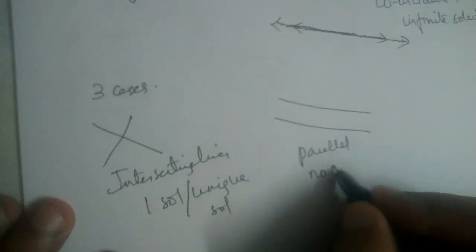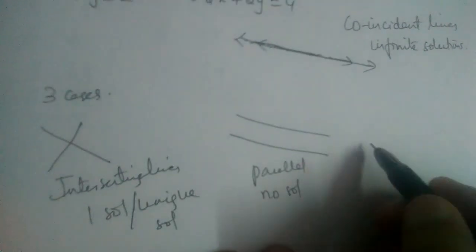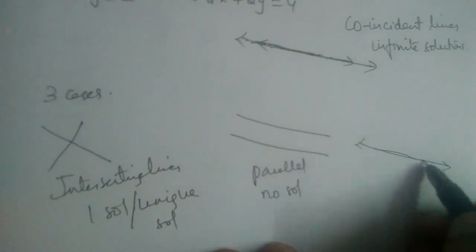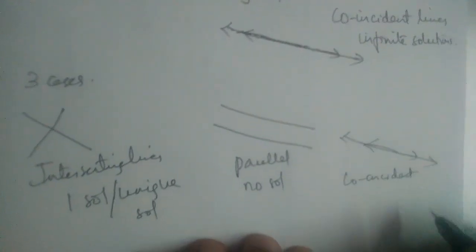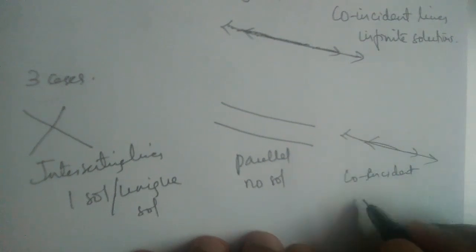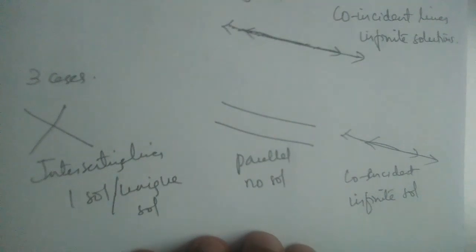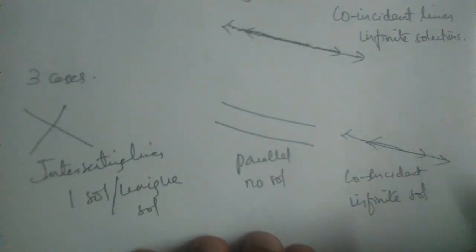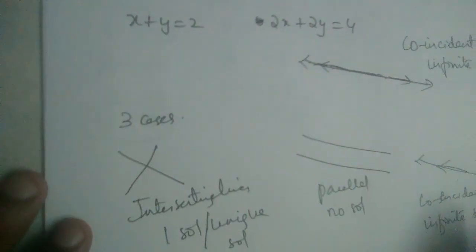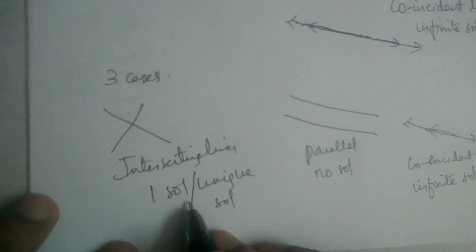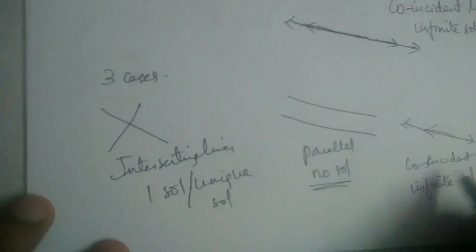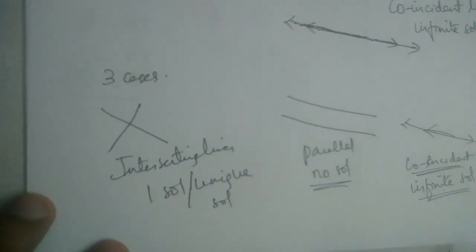How many solutions? No solutions at all. Third case, coincident lines. How many solutions? Infinite solutions. So these are the 3 cases. Apart from these 3 cases, we'll not have any other case. Intersecting lines, unique solution. Parallel lines, no solution. Coincident lines, infinite solutions.